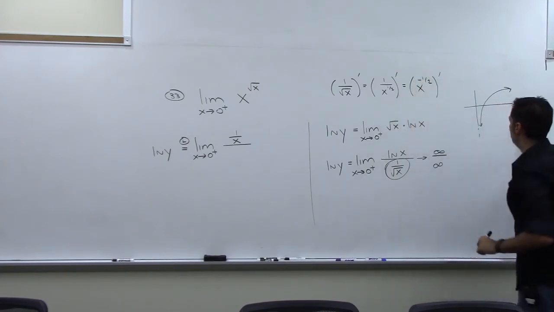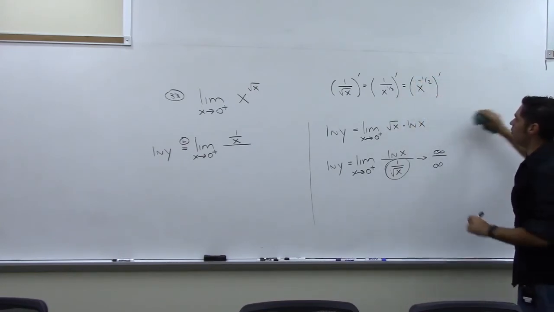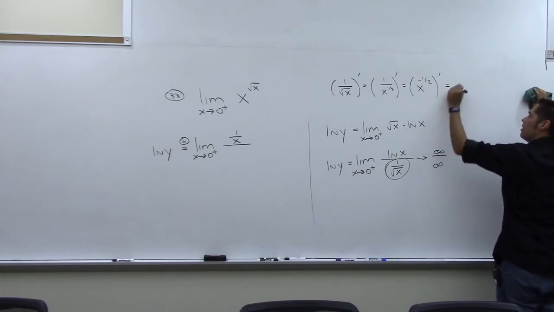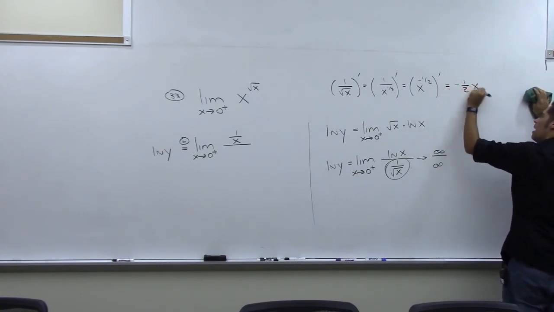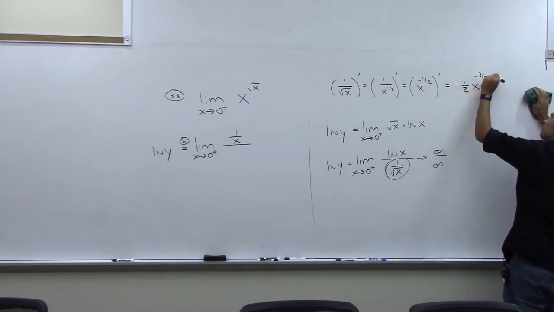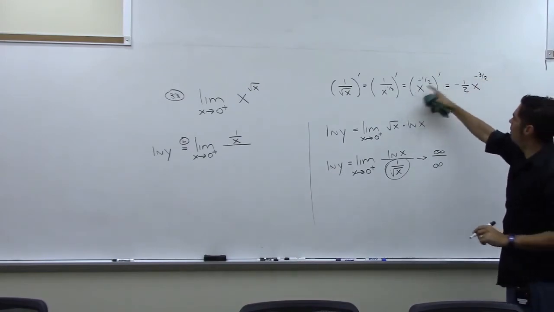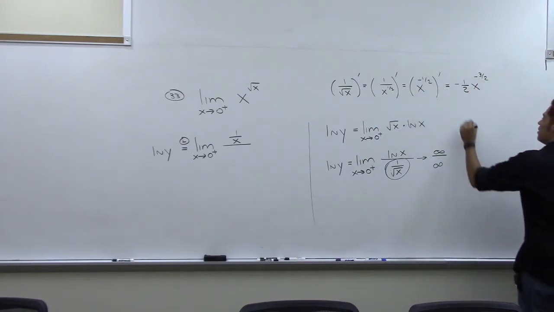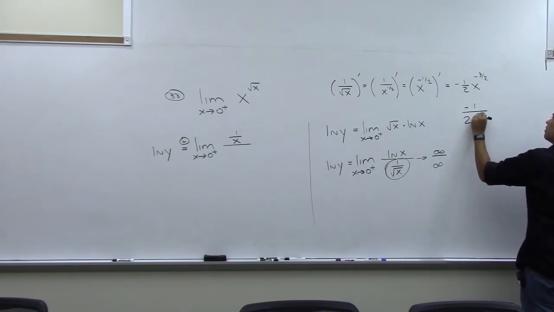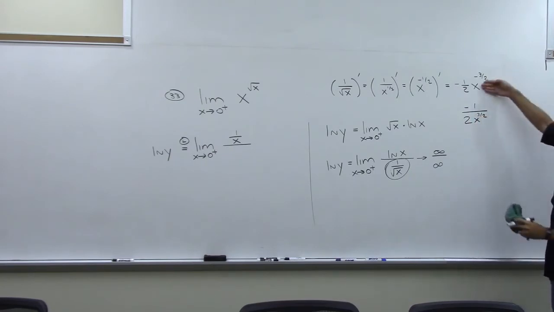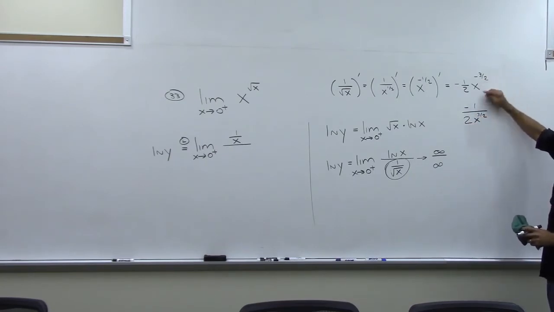I need to take the derivative of that, so I can just use the power rule here. This is going to be negative 1/2 x to the negative 3/2. Right? So the power comes out, I subtract 1. And that's just really negative 1 over 2x to the 3/2. So I just drop the negative exponent down, and it joins the 2.